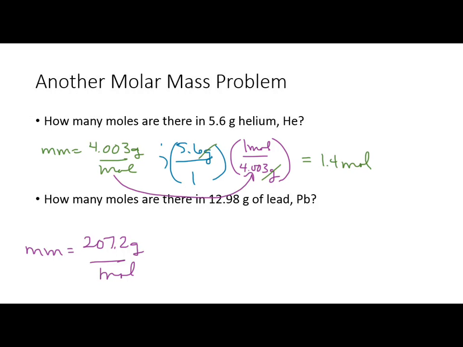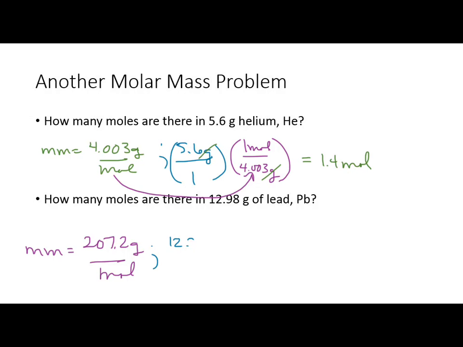So we know if we take 207.2 divided by 12 or 13 or whatever, you're going to get more than 1. So actually it's going to be 12.98 divided by 207.2. That is how we're going to get to our moles. And this is what it looks like setting it up with the factor label method.